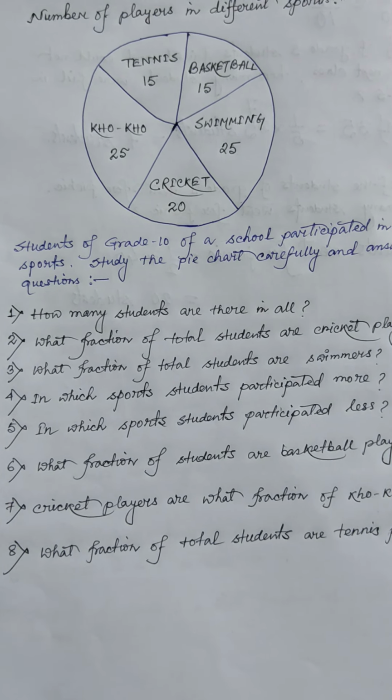Number 5, in which sports students participated less? Number 6, what fraction of students are basketball players? Number 7, cricket players are what fraction of kho players? Number 8, what fraction of total students are tennis players?